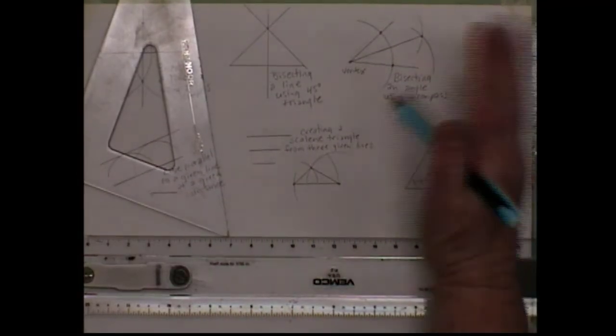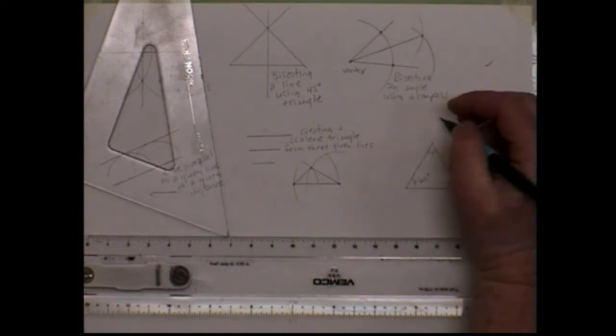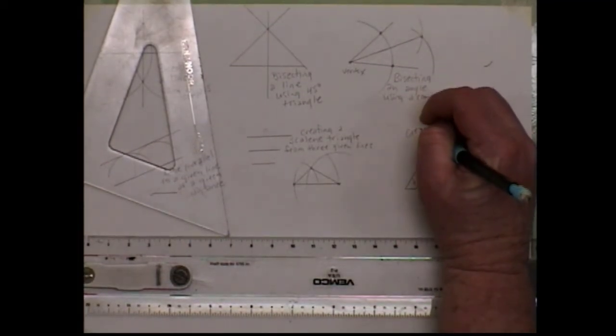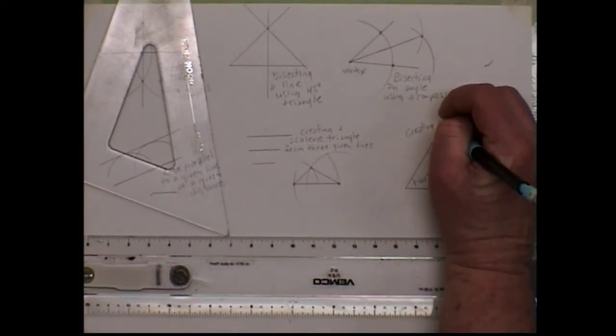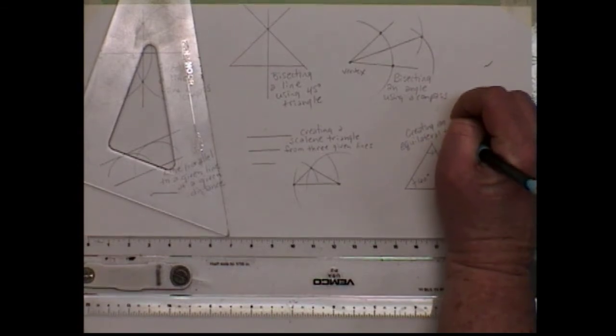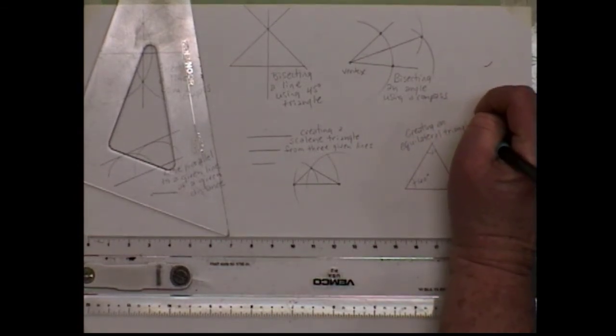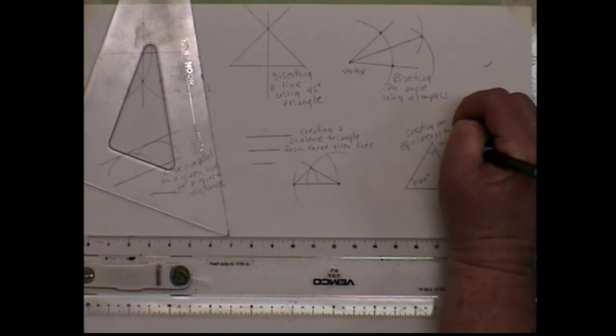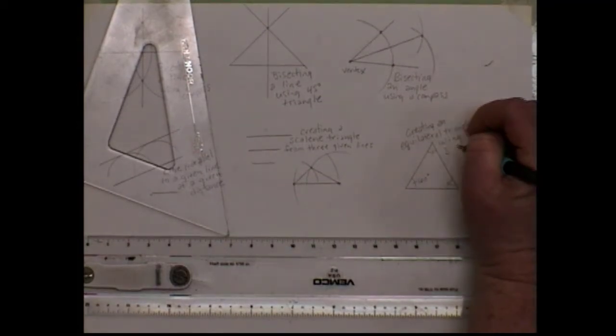So this is creating an equilateral triangle using my 30-60 triangle.